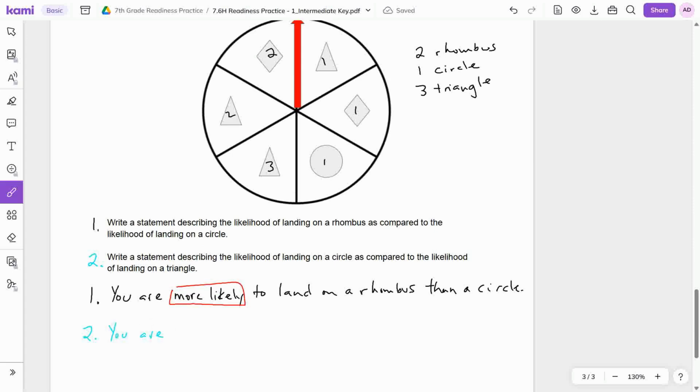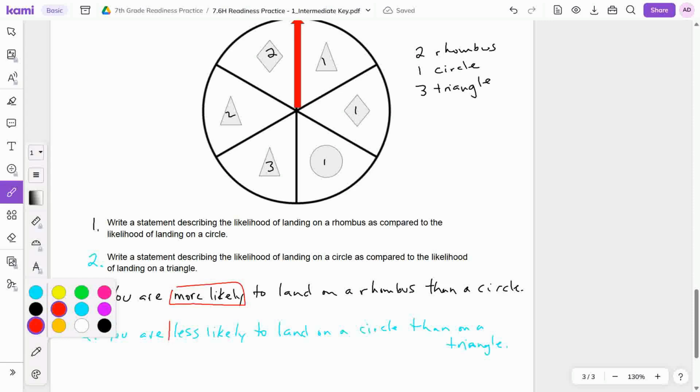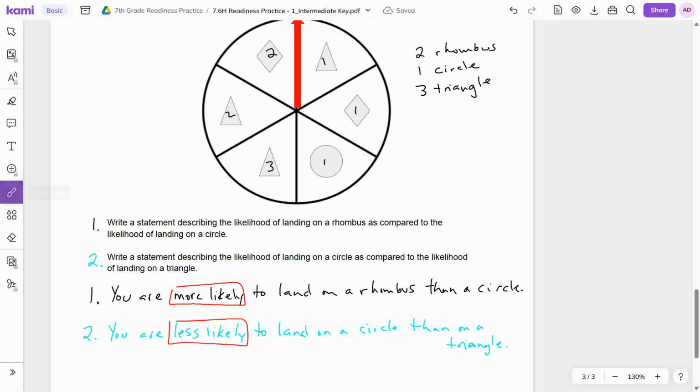You are less likely to land on a circle than on a triangle. And that is going to be the statement we need for our second sentence, and I'll put a little red box around less likely. That's our keyword, and that's it.